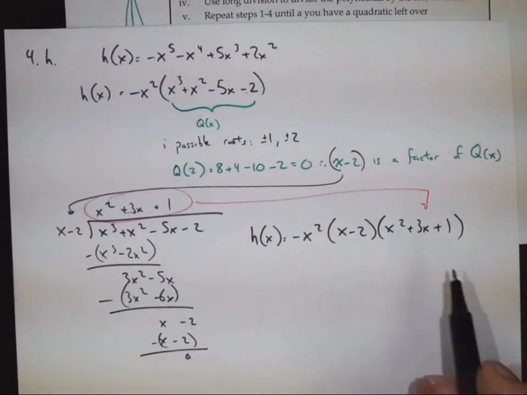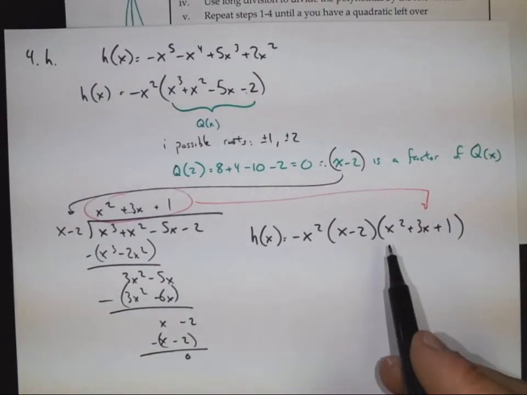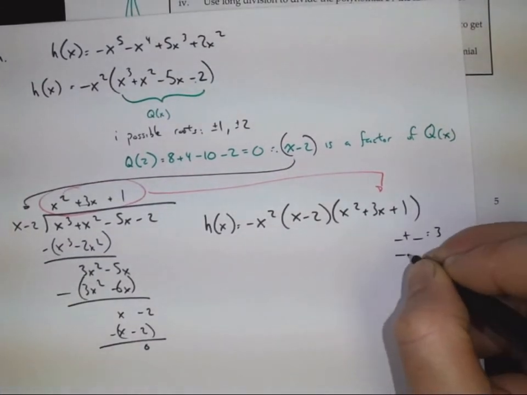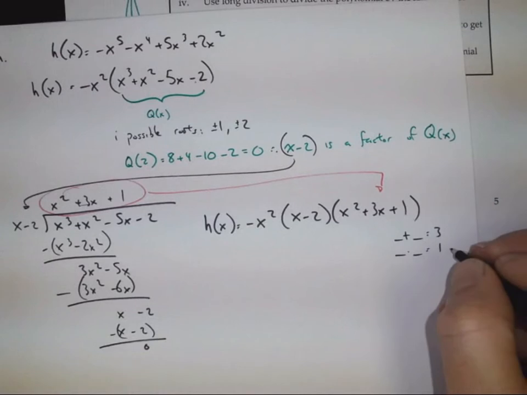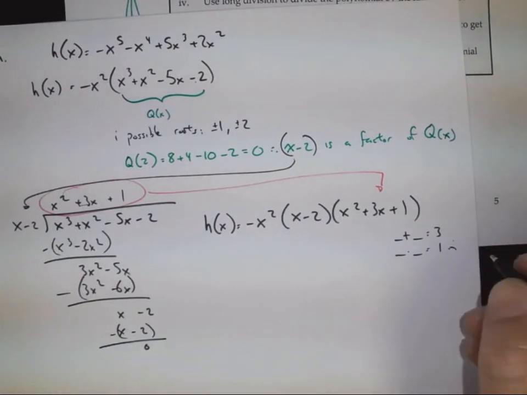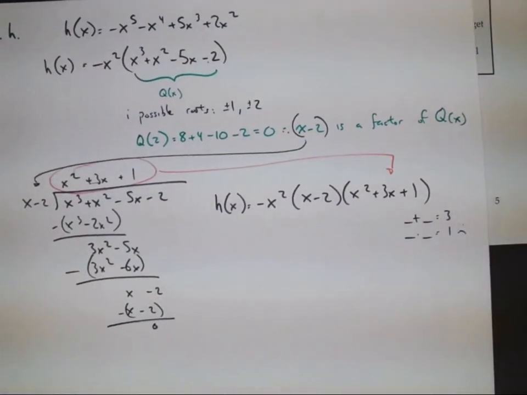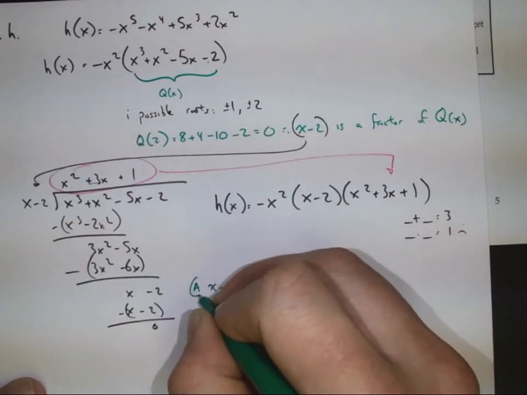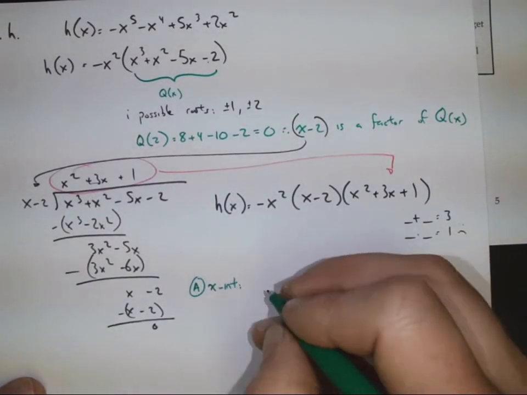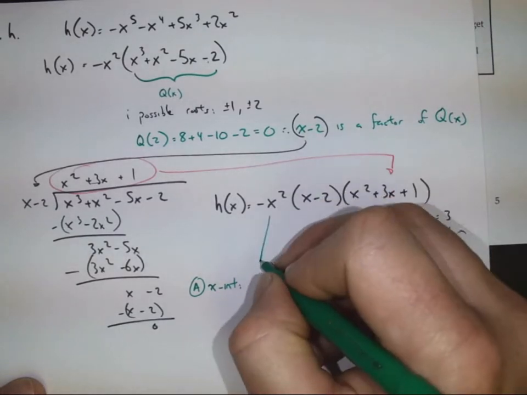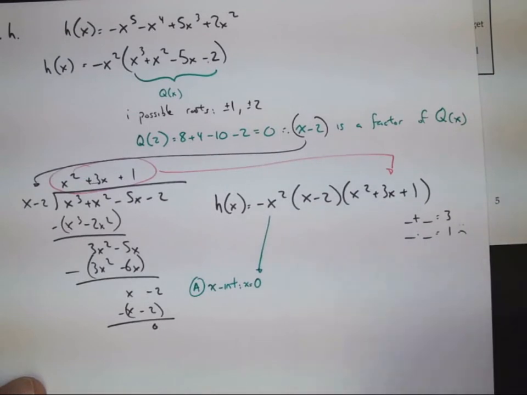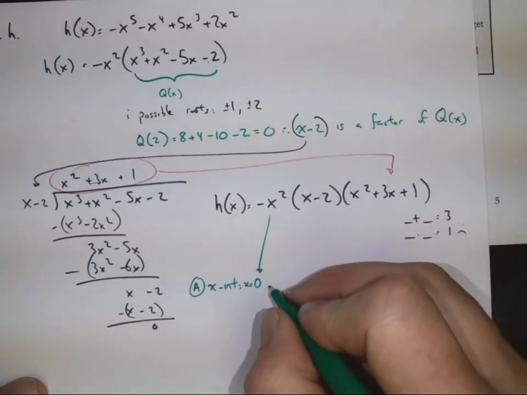Okay, so that is a trinomial, but it doesn't look like it can be factored because there's no two numbers that add to 3 but multiply to 1. So we've got to use the quadratic formula for that one. Okay, so our roots, our x-intercepts, x is 0, but we're going to have that twice.